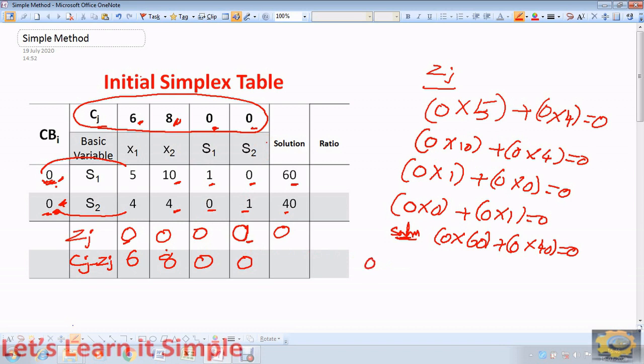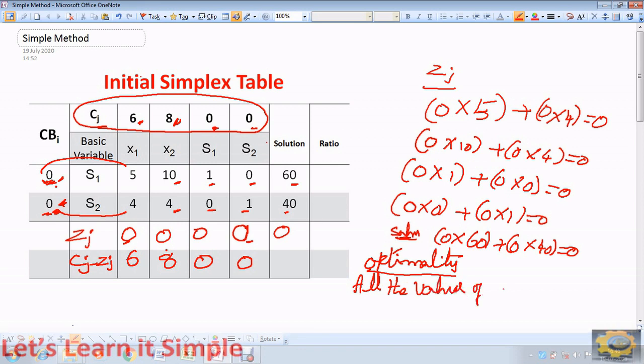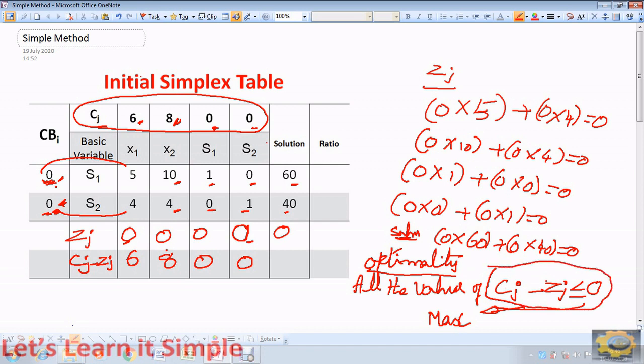Now the condition for optimality is that all the values of Cj minus Zj should be less than or equal to 0 for a maximization type. Since the given problem is a maximization type, we need to check that all the values of Cj minus Zj are less than or equal to 0.